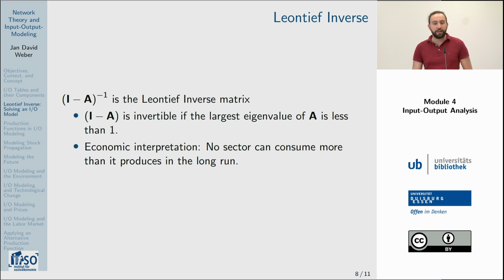It is not possible that a sector can consume more than it will produce in the output in the long run, which means a sector is only able to sell what it has produced in the past. We cannot sell more than we actually produce. This is a really, really important aspect, and this is something where the economic understanding helps you to catch errors, perhaps, in your Leontief inverse. If you realize that the largest eigenvalue is more than 1, you already know something's fishy here and there must be a mistake.